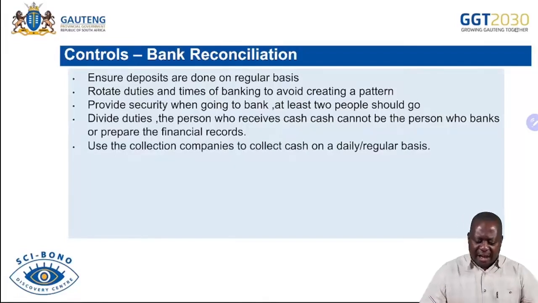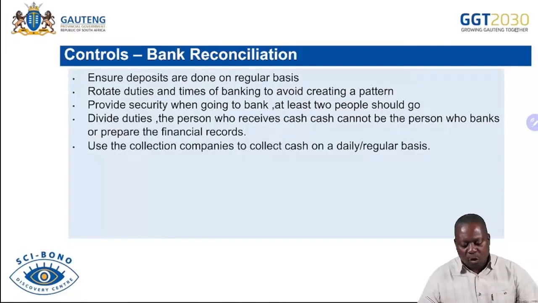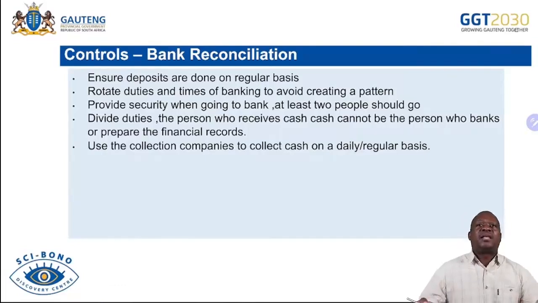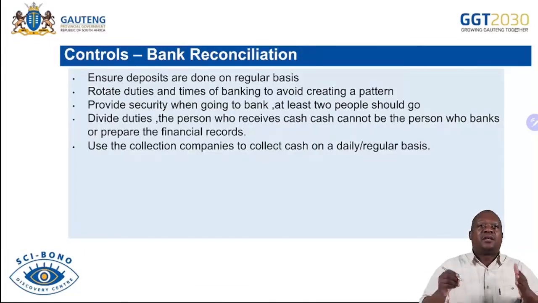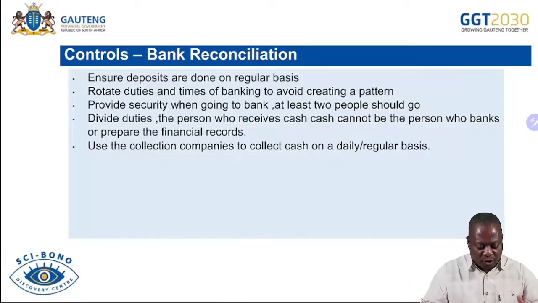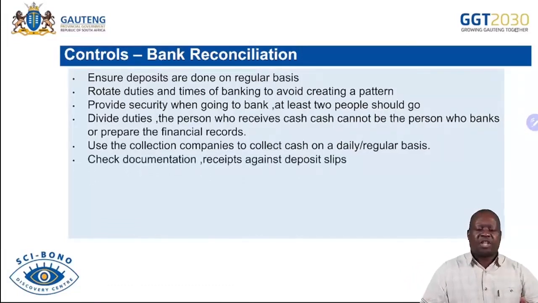Use collection companies to collect cash on a daily or regular basis. Usually that's what modern businesses are doing. Let them come and collect cash, because once it is in that truck, it is insured. And it means when anything happens to that cash, it's not yours being stolen. Check documentation receipts against deposit slips.